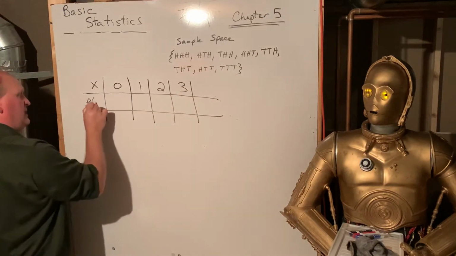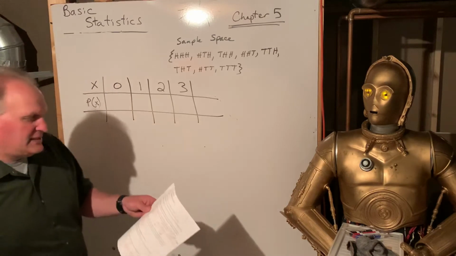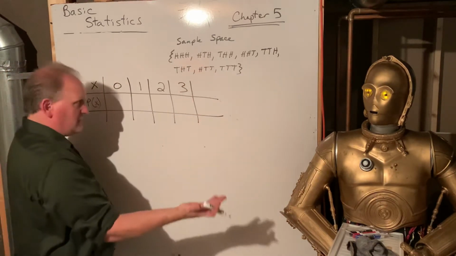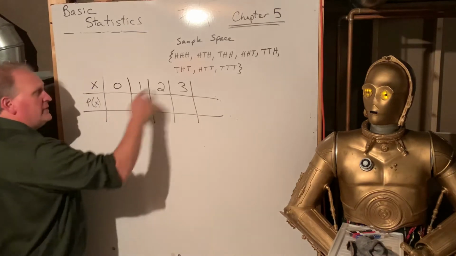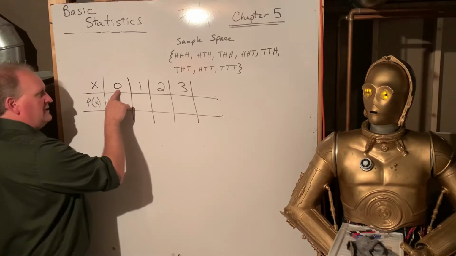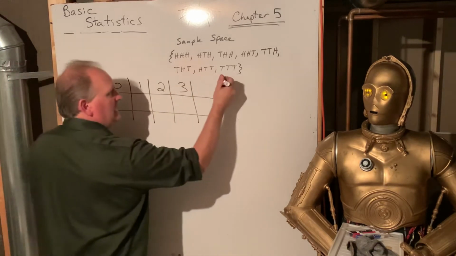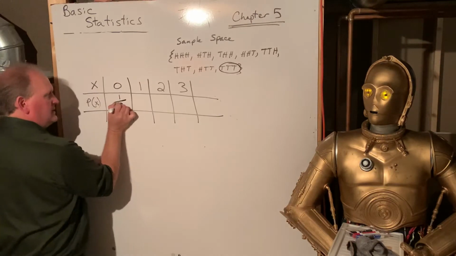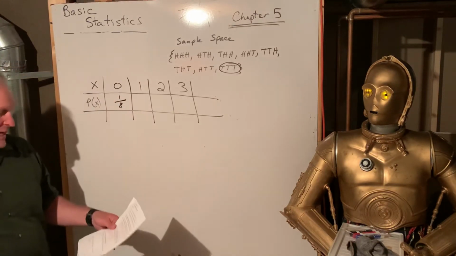And then p of x, that's the probability of each one of those occurring. So since we have a list of all possible outcomes right here, we can just base it off of the sample space. So the probability of getting no heads at all, well, that only happens 1 time out of 8. So that probability is 1/8.